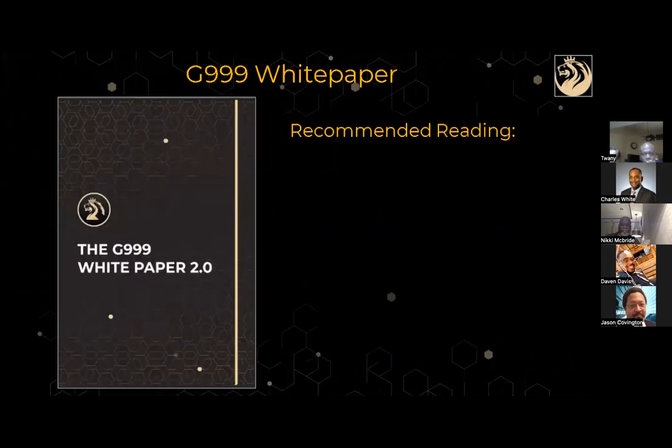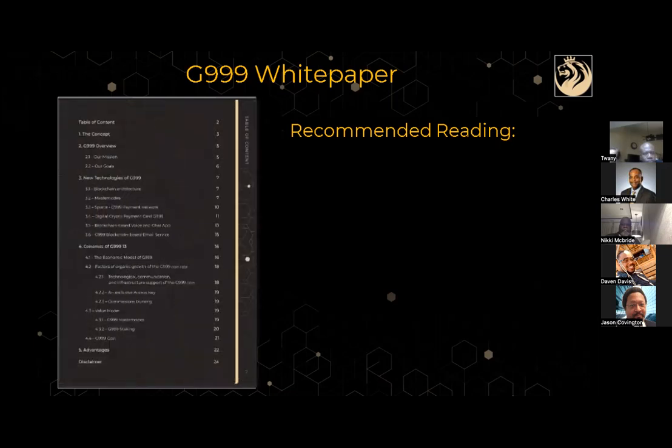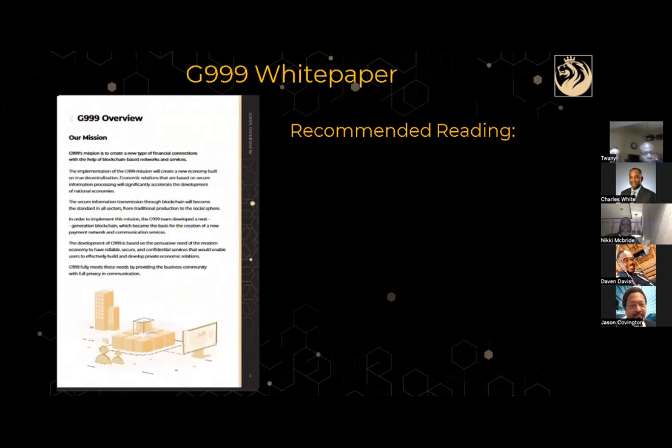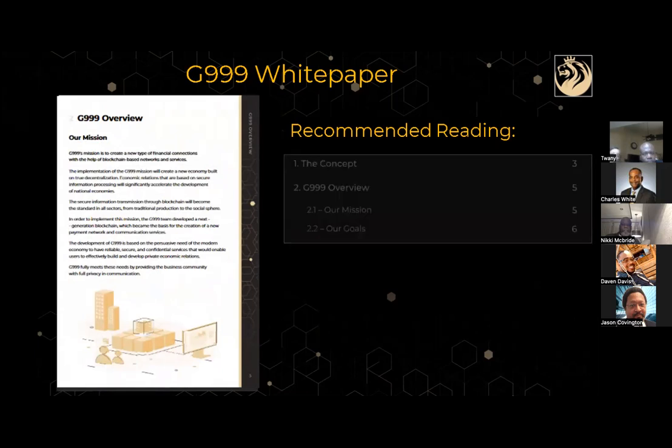In this white paper, which is a PDF document that you can download to your computer and print out on any printer, besides a table of contents, there is also information about the concepts behind the blockchain, an overview and their mission statement, as well as goals for this blockchain.